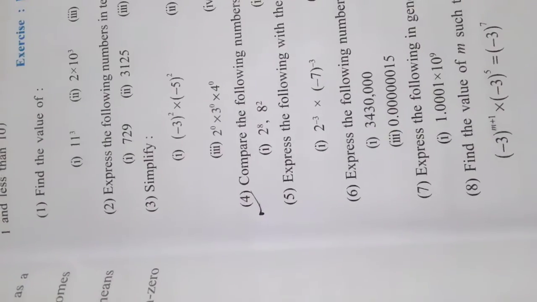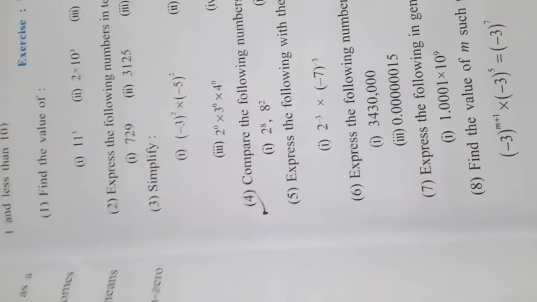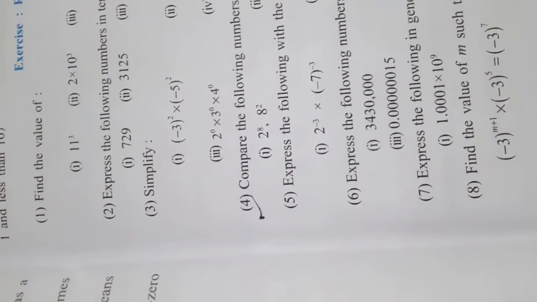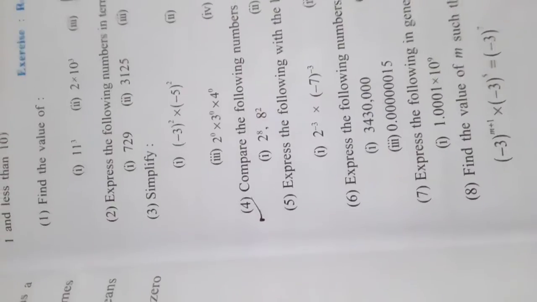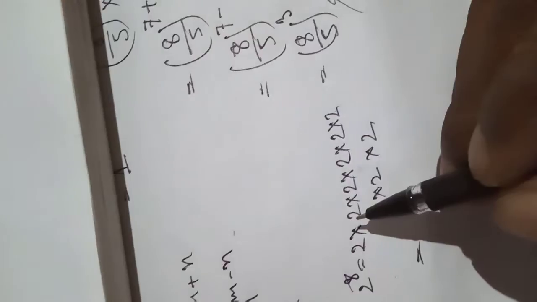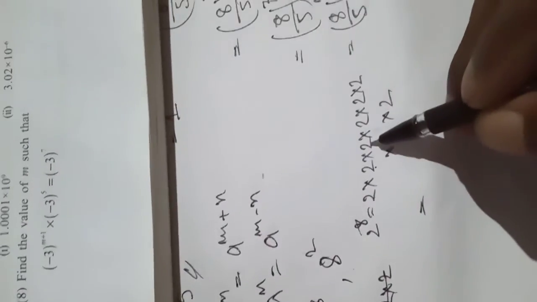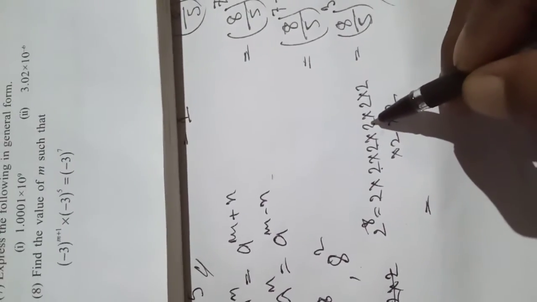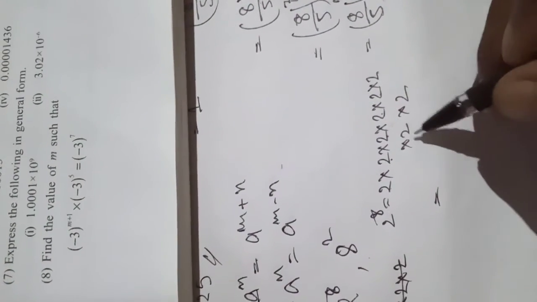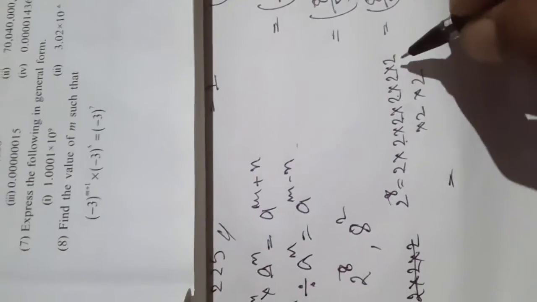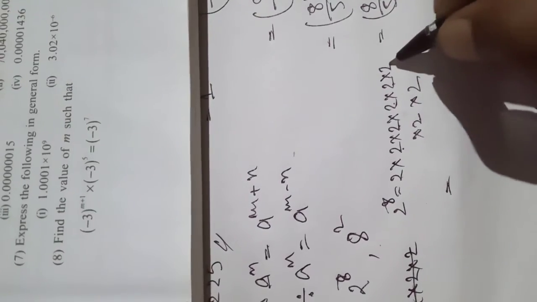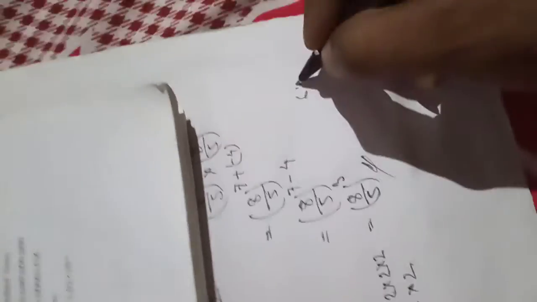2 into 2 into 2 into 2 into 2 into 2, 1 2 3 4 5 6 7 8 is equal to 2 4s are 4, 4 2s are 8, 8 2s are 16, 16 2s are 32, 32 2s are 64.